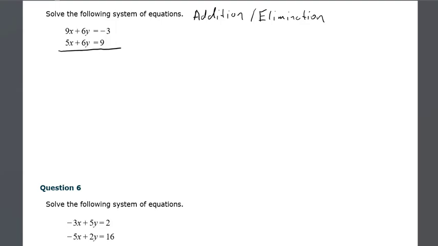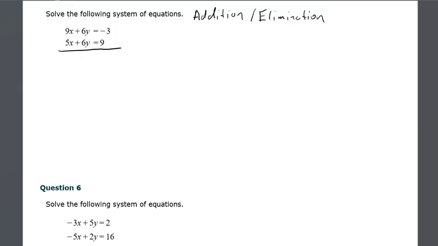So sometimes I need to multiply one or both equations by something to make the coefficients of the x or y opposite. So what I do is I choose which of the two variables I want to eliminate. In this case, it's easier to eliminate the y, so I'm going to eliminate the y.